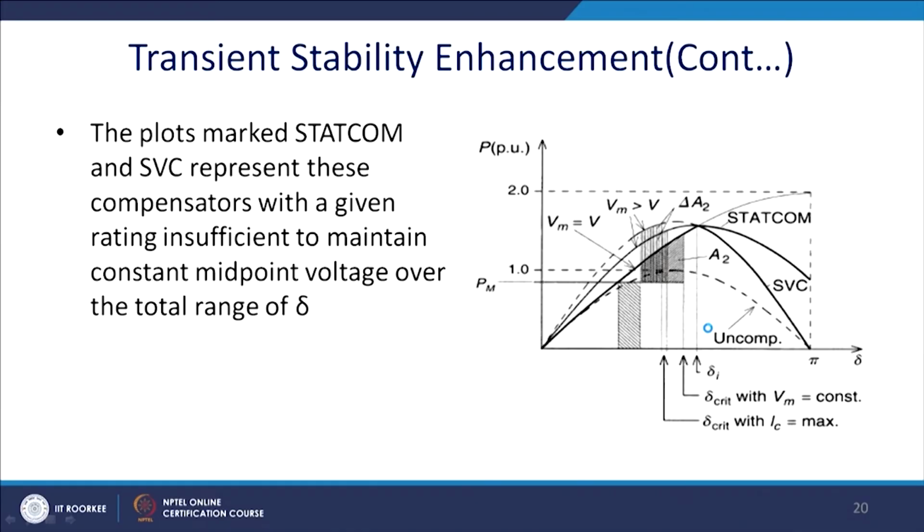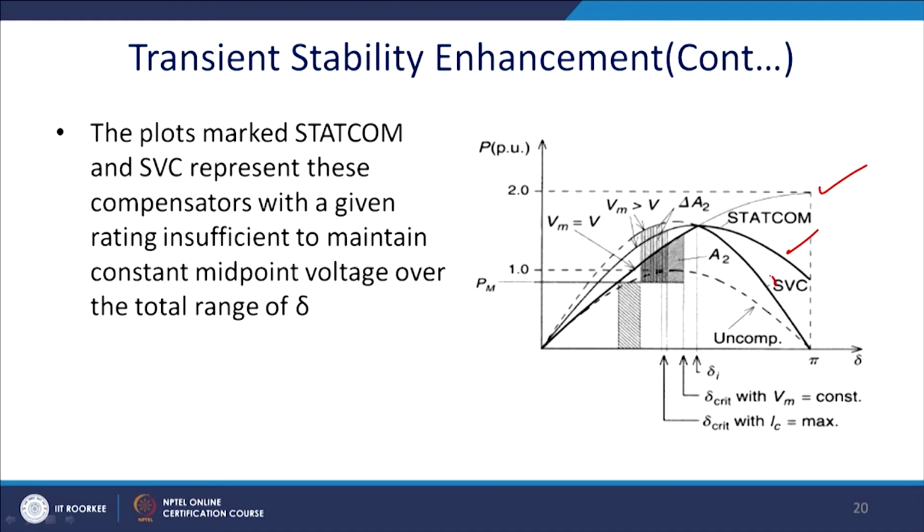The plot marked Vm equal to V, I shall come now, represents the P versus delta power obtained with the ideal compensator holding midpoint voltage constant. So, see that this is the case. So, this is the area and this is the case with the STATCOM and this is the case with the SVC.